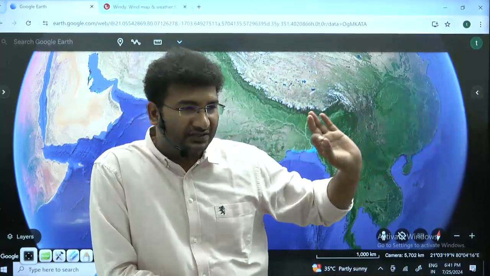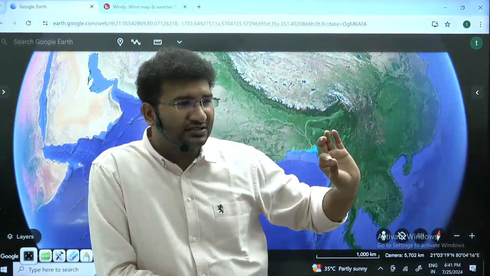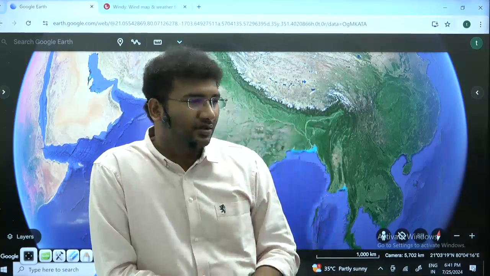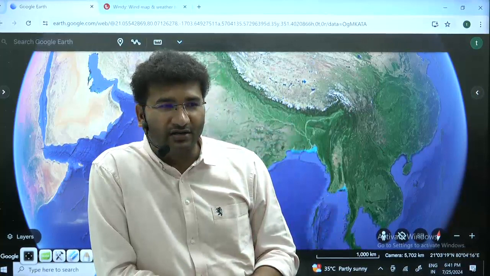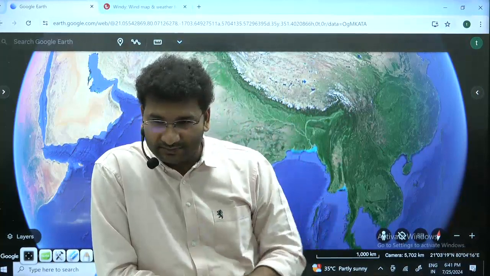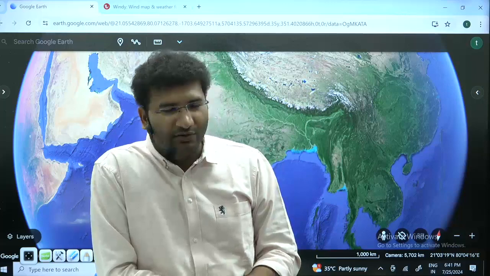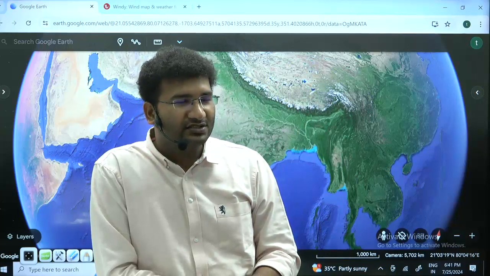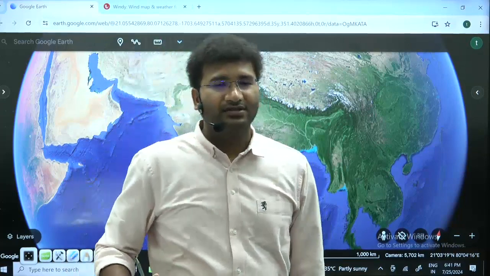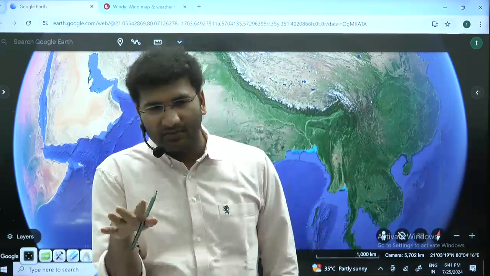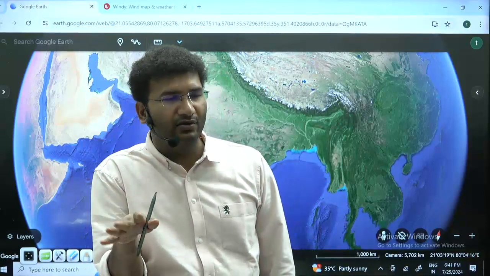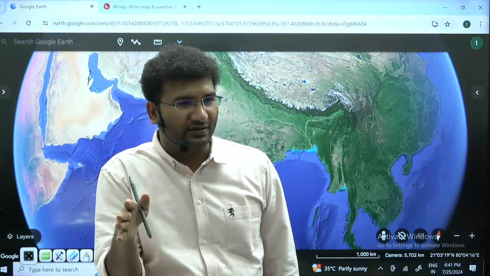The cooling is fast. Whenever the cooling is fast, the size of the crystals will be smaller. Whenever the cooling is slower, the size of the crystals is bigger and the rock quality is better. Now you tell me, granite is a rock which is cooled above the surface of the earth or below? It is cooled both above and below, but majorly you will find it below the continent.